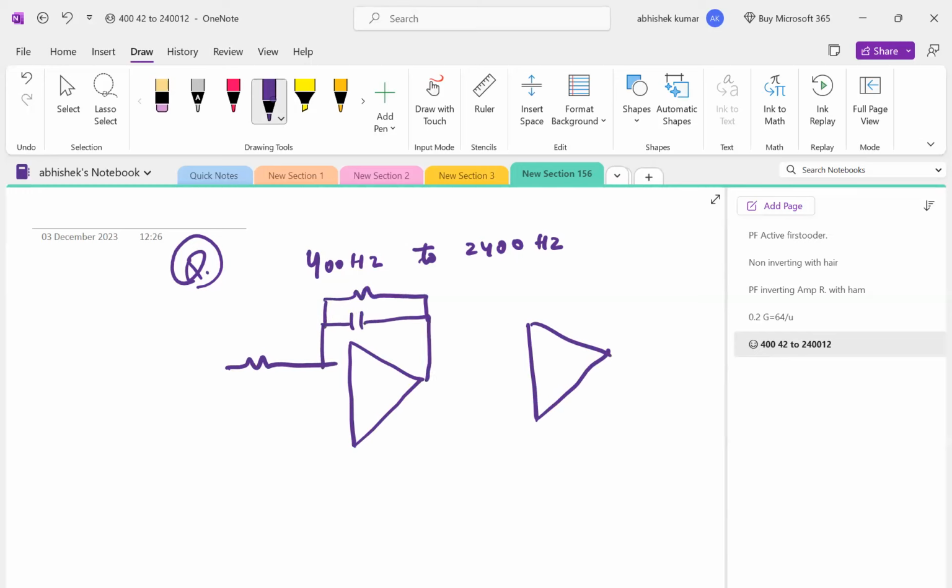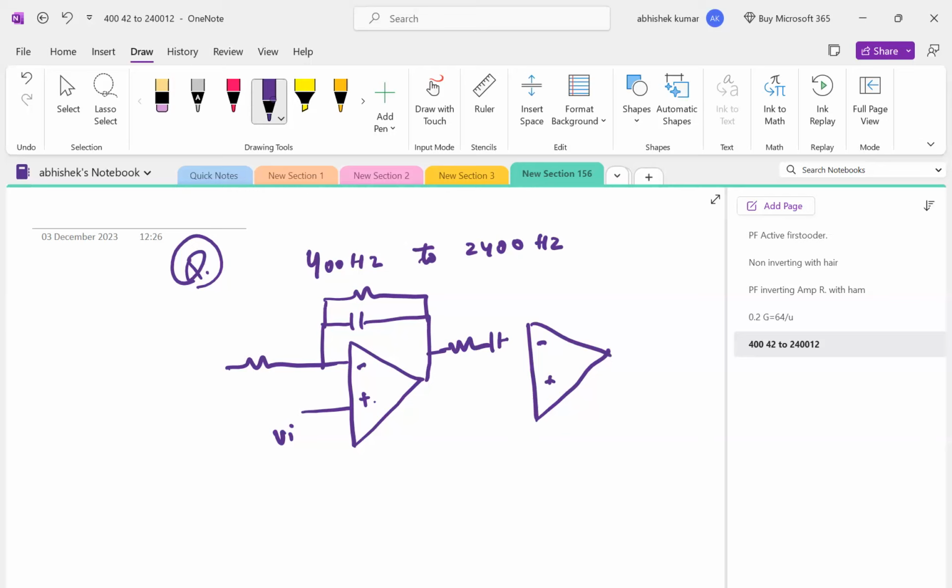This is my V input, and it can be drawn in this fashion, with minus and plus terminals and a resistor.